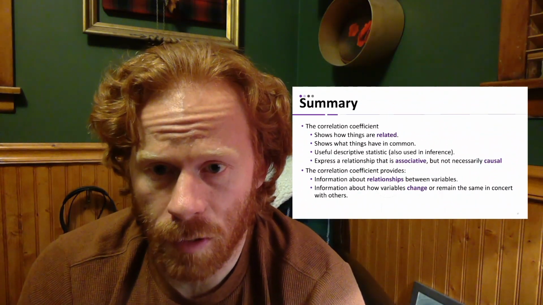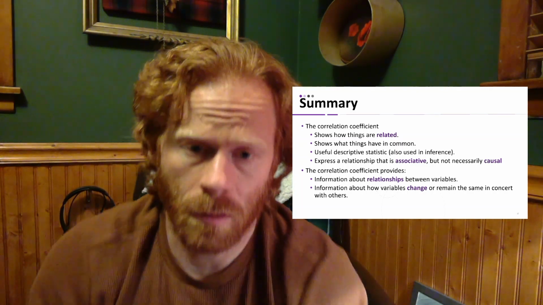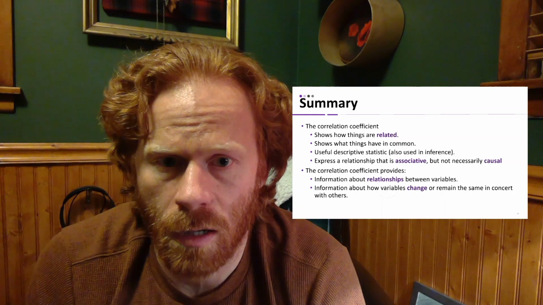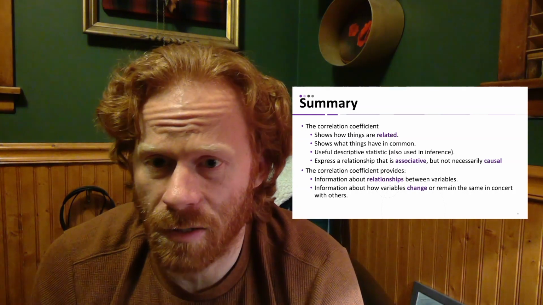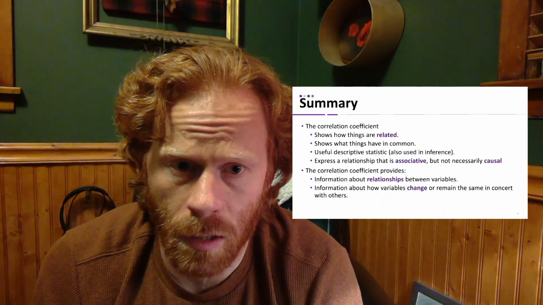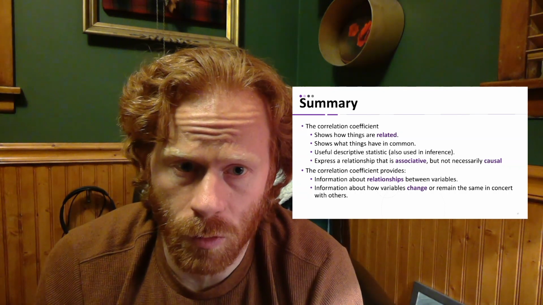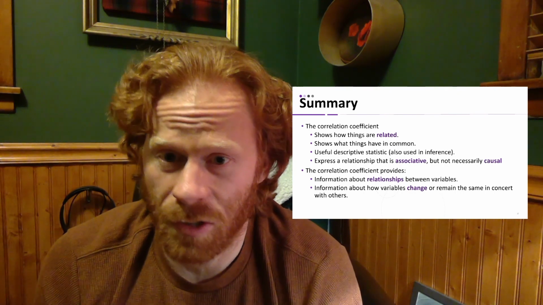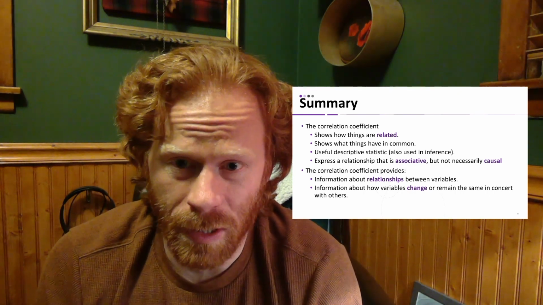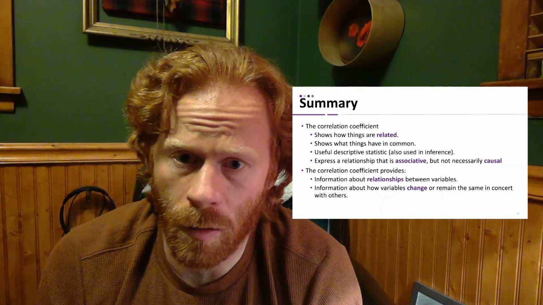So these correlation coefficients, it's that R value that we'll see in the text, show how things are related, positive, negative, the strength in which things are related. It's used as descriptive, but also can be somewhat inferential to a certain degree. And it just indicates that relationship and correlation, it doesn't really do anything about causality.